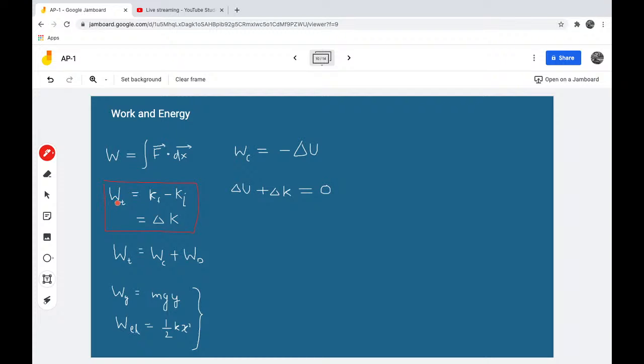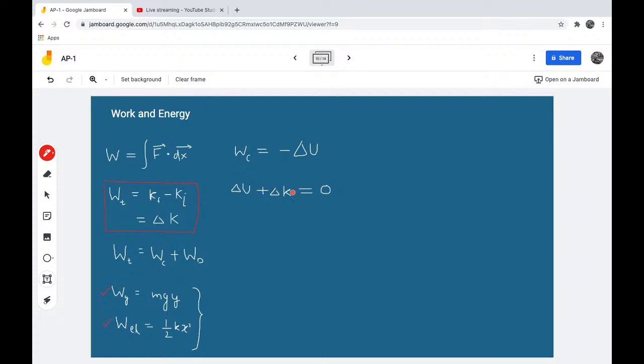When you say total work done, it involves the work done by conservative forces plus the work done by dissipative forces, both types of forces. Two examples of work done by conservative forces we are already familiar with: work done by gravity and work done by elastic forces.